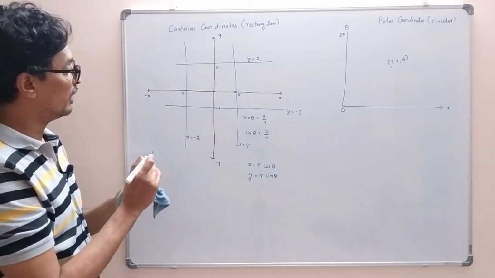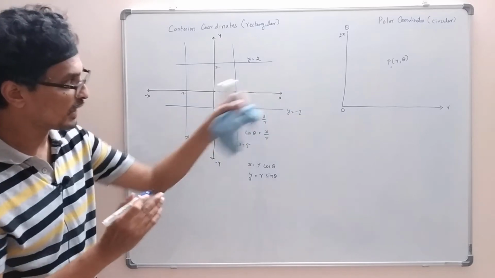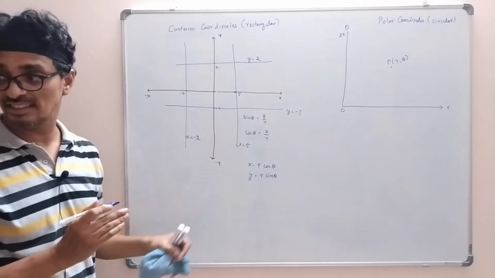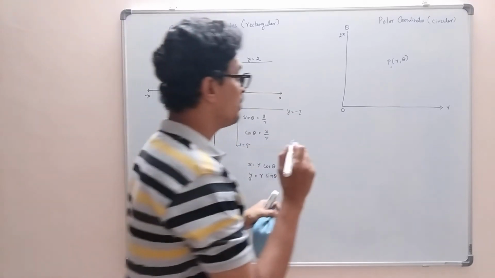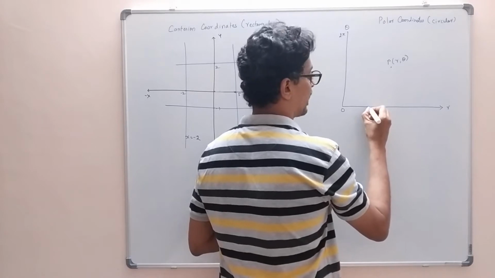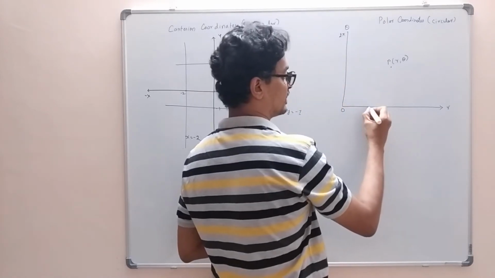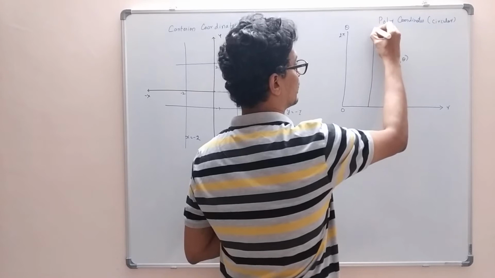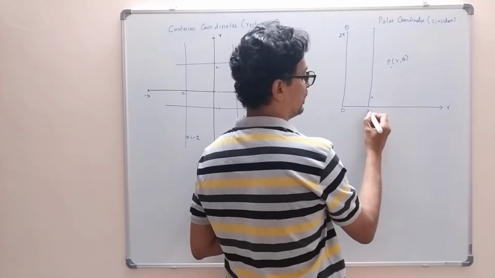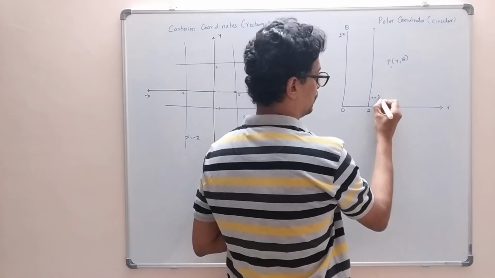And yeah, so now let us try to see what happens if I draw these lines parallel to the axis in this system. Suppose I take a line parallel to the theta axis. It says r equal to, say, something around 2, r equal to 2.